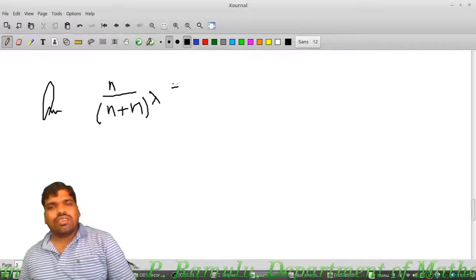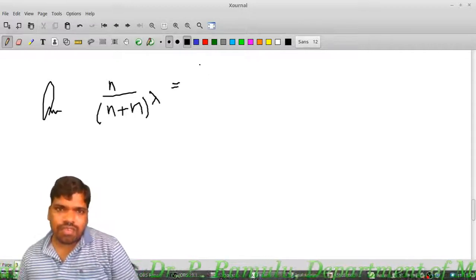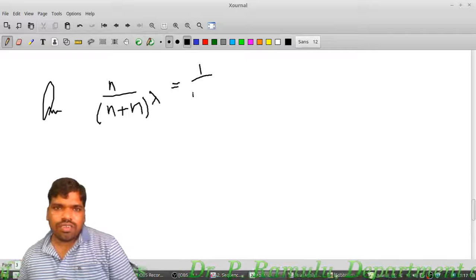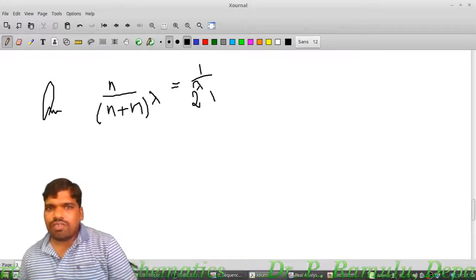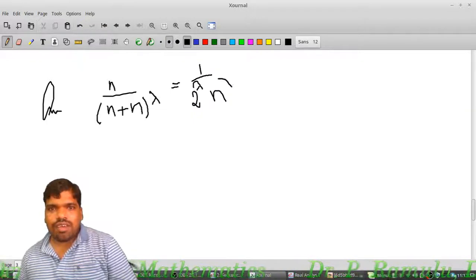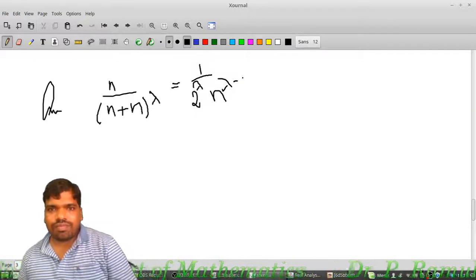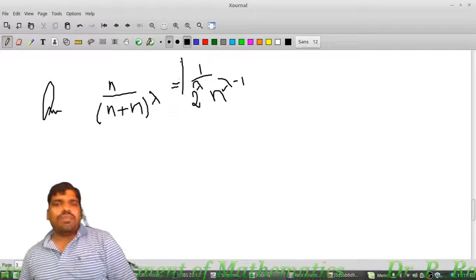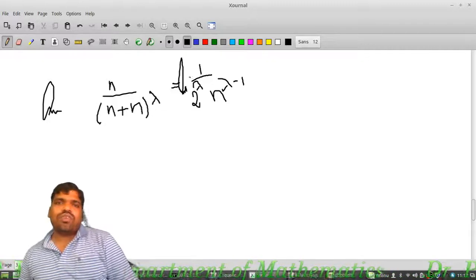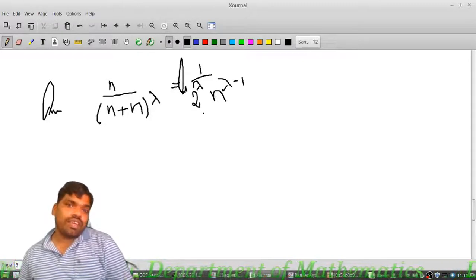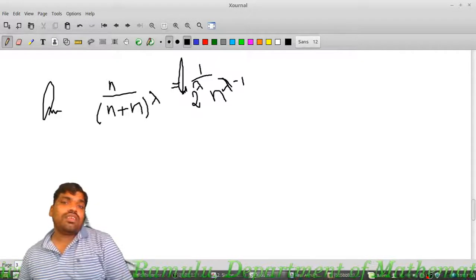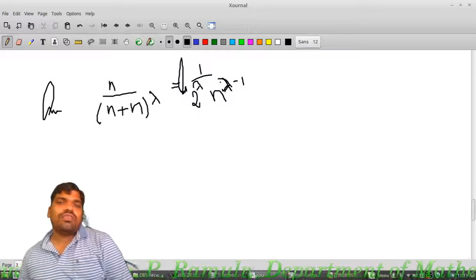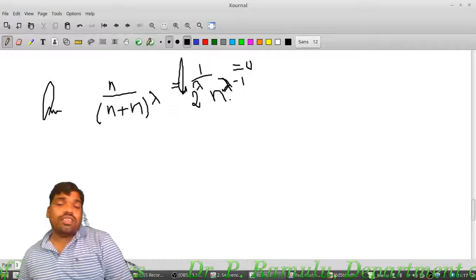So if I take n common out, then what happens here? 1 by 2 power of lambda and n power of lambda minus 1. If I apply the limit for this, 2 power of lambda, 2 power infinite equals infinite. This lambda is positive here, so this will be 0. Either this will be 0 or finite.